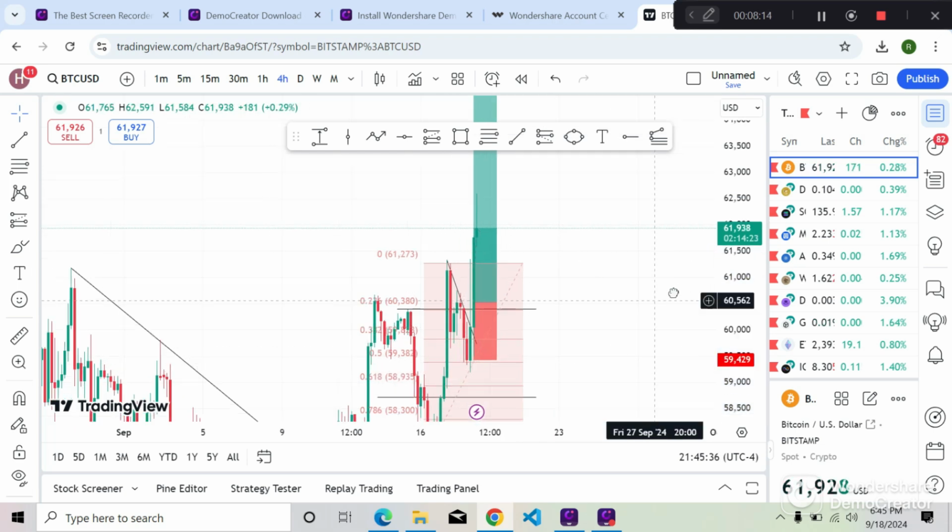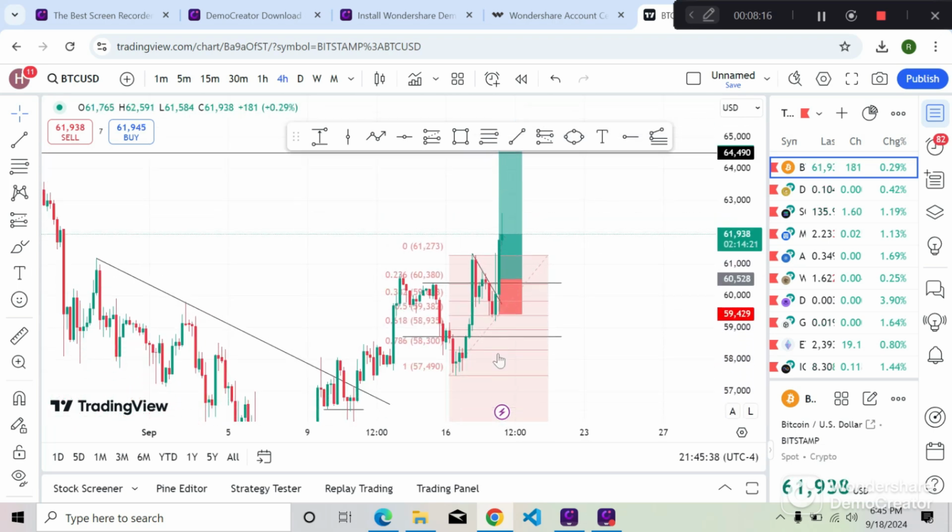We have 50%, which means the market has retraced 50% of the previous move, giving us an even more solid reason to make this move after the break of this. For those that missed out on the break of this structure and the retest for the bullish move, this is a better move, a better entry.